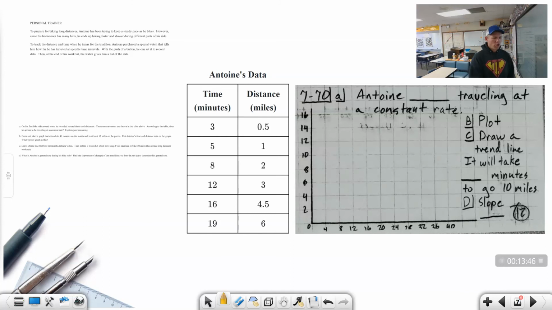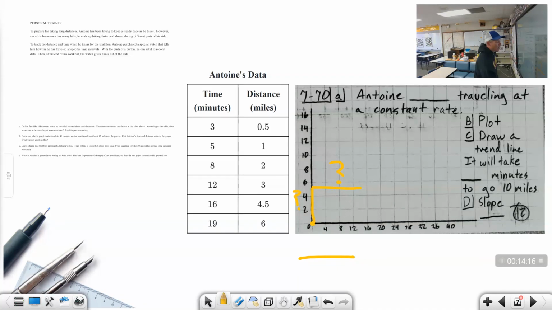Last of all, you need to find the slope of your line. Now, one of the points that you're going to use is 0, 0. Okay? It's not really a proportional relationship, but if you have 0 time, you're going to go 0 distance. So you know one of the points is 0, 0. And then you're going to draw a stair up some amount, over some amount, and then you're going to write your slope.